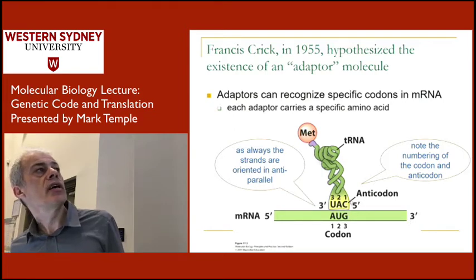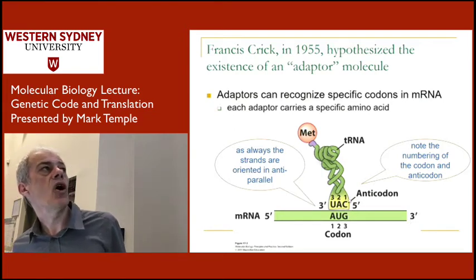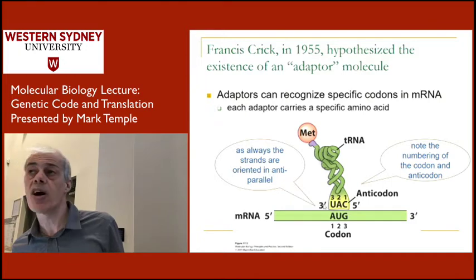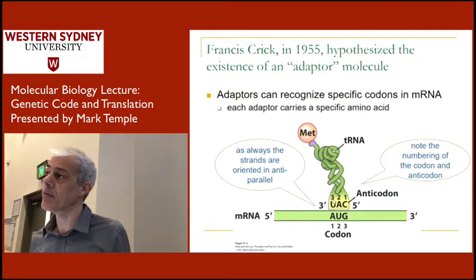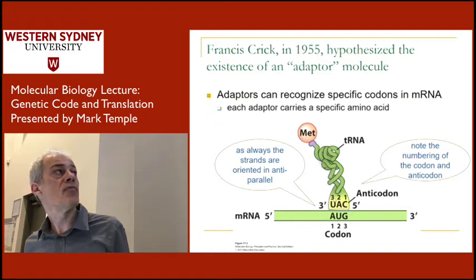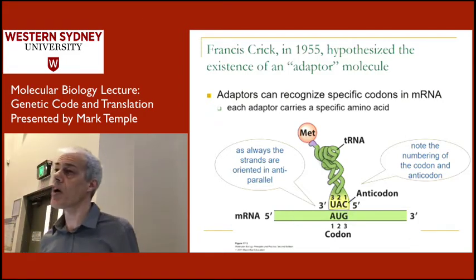The anticodon is numbered in the 5' to 3' direction also, but the numbers are in the opposite direction here. So the first position in the codon is the third position in the anticodon, because each is written 5' to 3', and each is numbered 1, 2, 3 in the 5' to 3' direction.